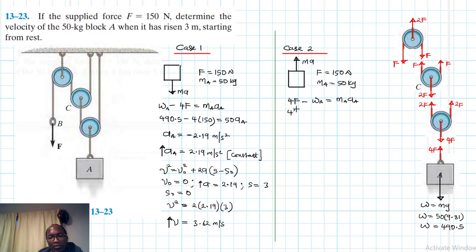Then this just becomes 4 times 150 minus 490.5 equal to 50 times A. And then if we calculate our A, our A is just going to be equal to (4 times 150 minus 490.5) divided by 50.